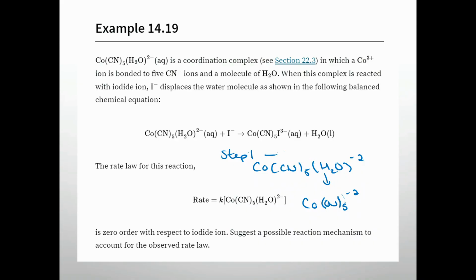The complex decomposes by itself without banging into anything. The iodine will then come in at the second step, where this now reacts with the I minus to create Co(CN)5I. And now overall, we're minus 3. I don't know if that's right or not, but it makes sense according to the rate law.